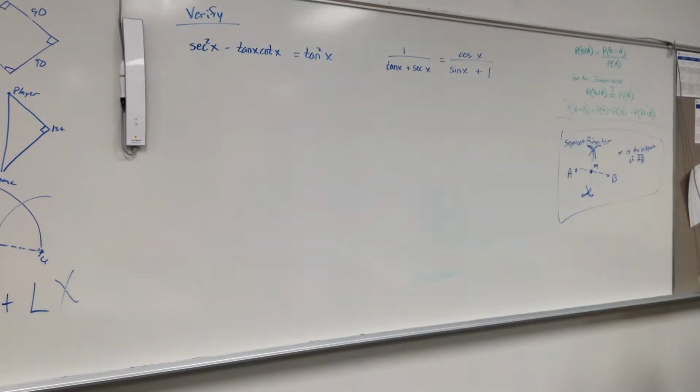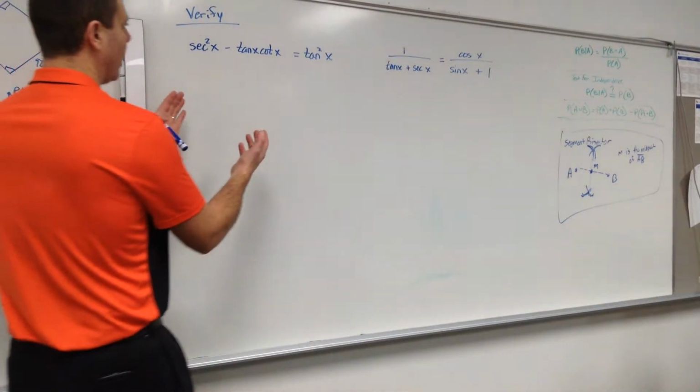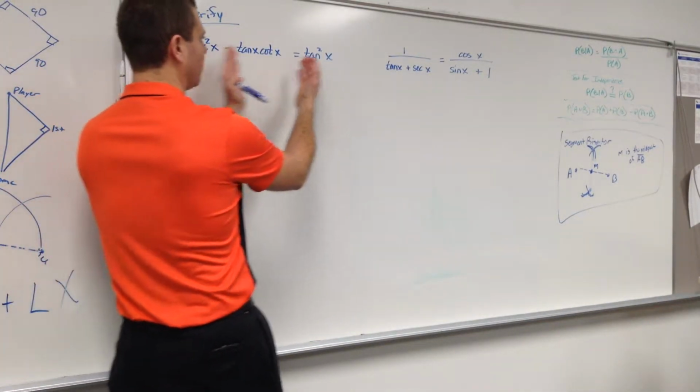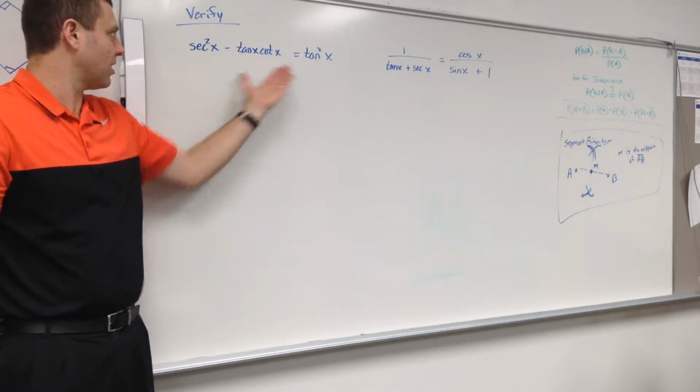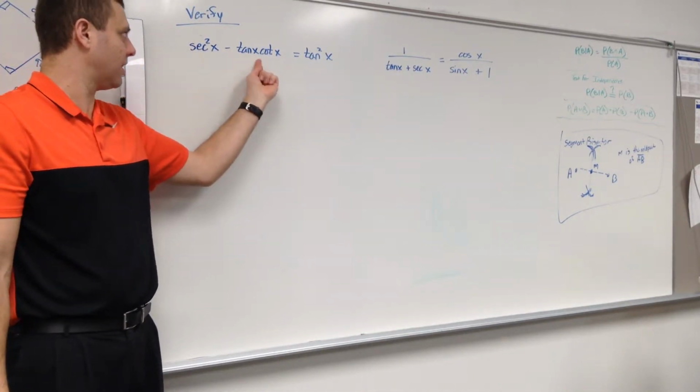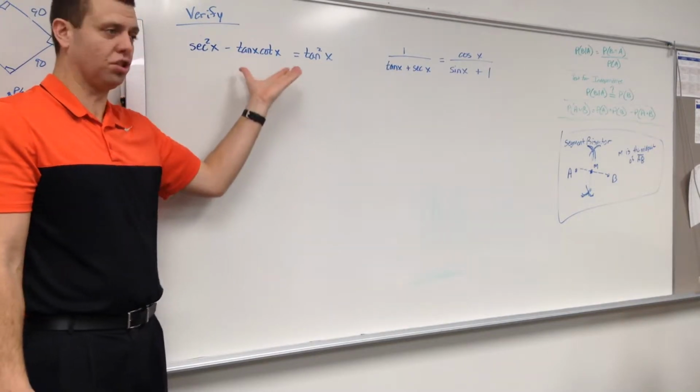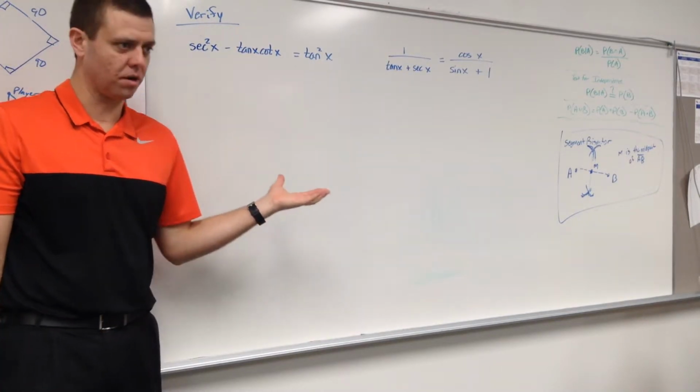So it's taking that knowledge, those identities that you already have, and using that to help you show how one side of the equal sign is actually equal to another. This is another trig identity, except I'm telling you that this minus this equals tangent squared. You need to show me how it equals tangent squared.